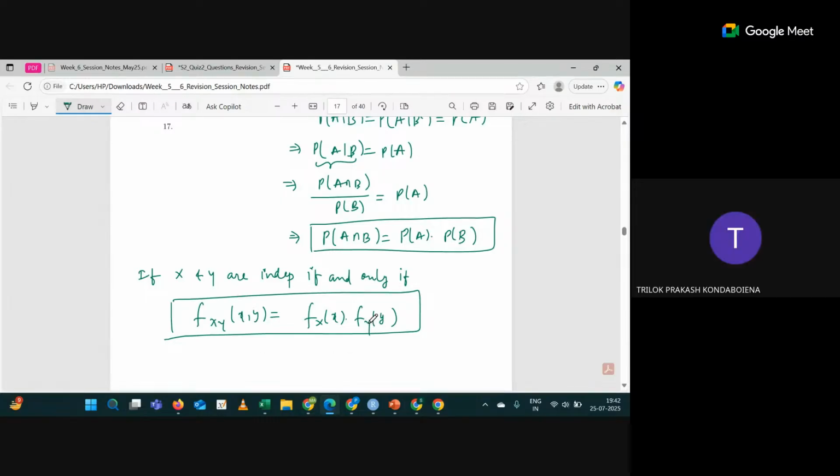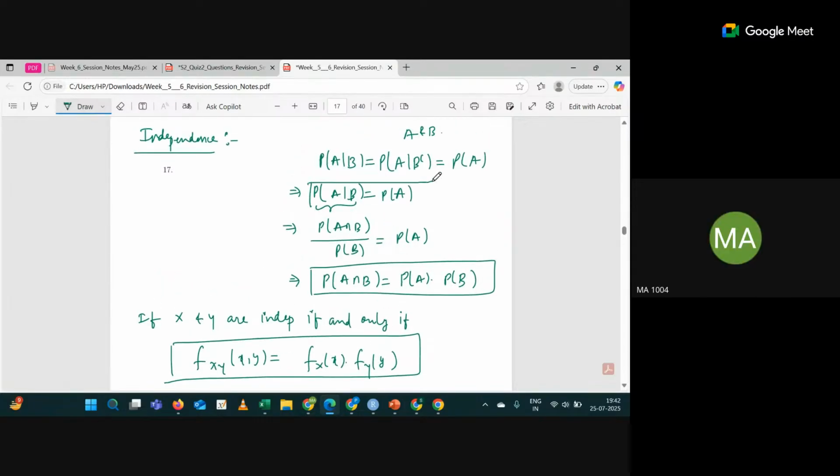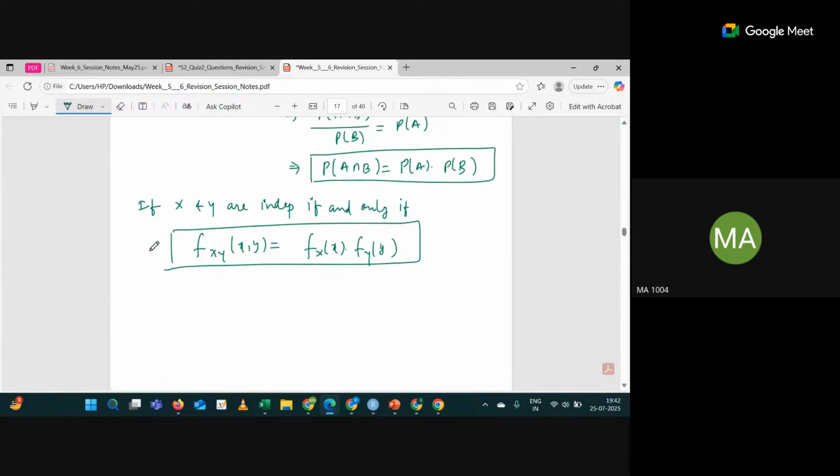Yes, sir. Or else the conditional equals the marginal. So basically I can say f of y given x equal to x is equal to f_Y of y. Can I say or not?